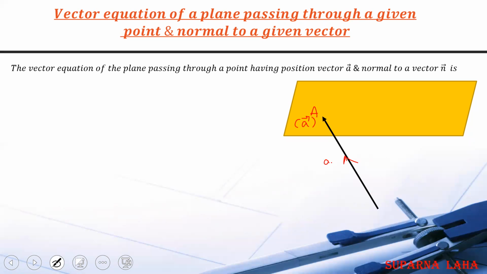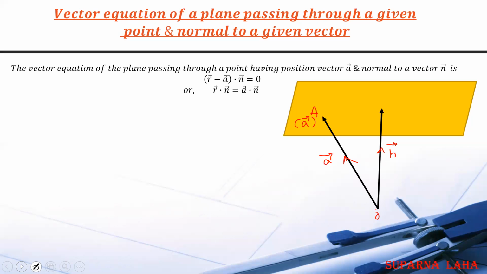So this is the vector a and this is the origin O. Now taking another vector n, which is normal to the plane, that is perpendicular to the plane. Now the equation of the plane is given by: vector r dot vector n is equal to vector a dot vector n.